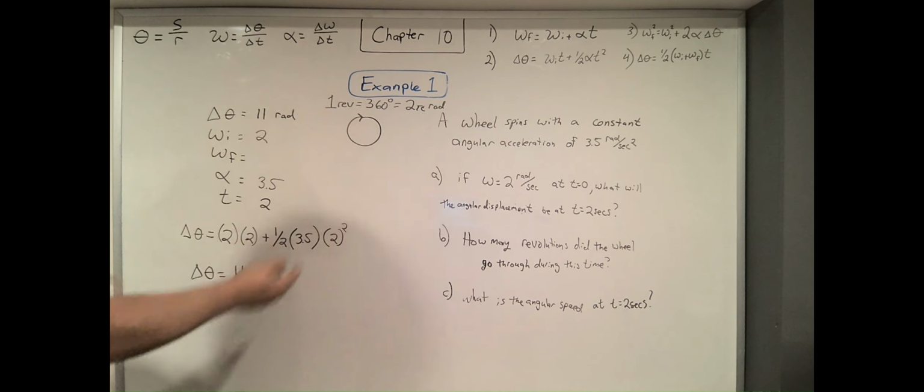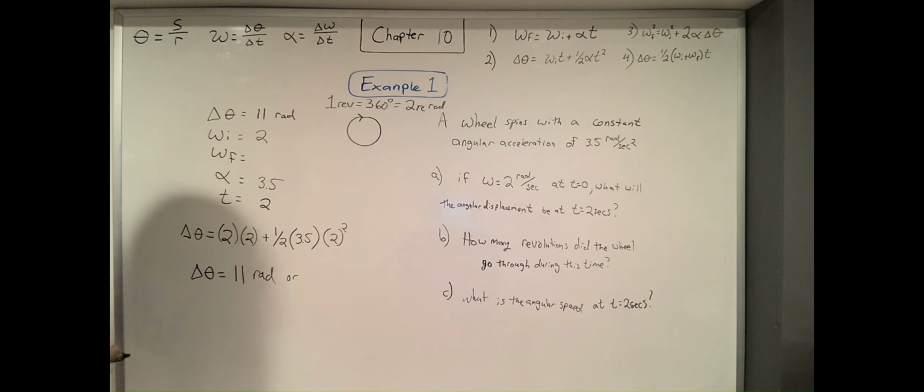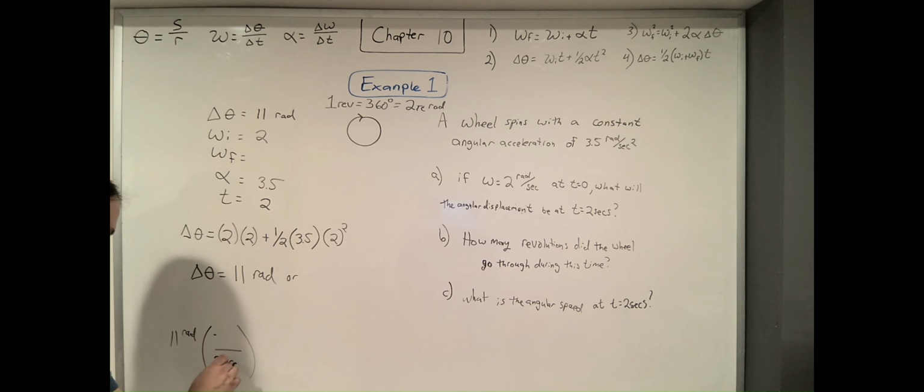Okay, I know that every 2 pi radians is 360 degrees. So I'll do it down here. 11 radians multiplied by 360 degrees over 2 pi radians, and then you get a better idea of how many degrees that is. So we do 11 times 360, and then we divide it by 2 times pi, and make sure you have parentheses around that if you're doing it on your calculator.